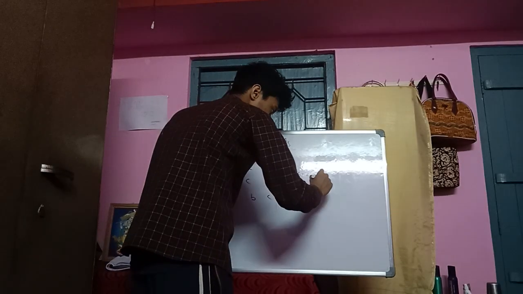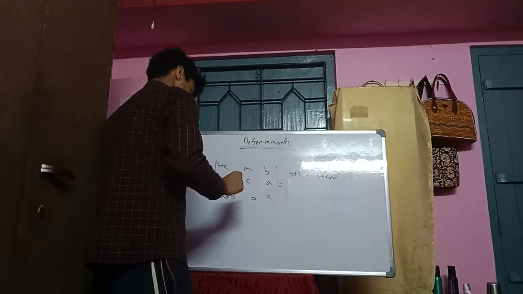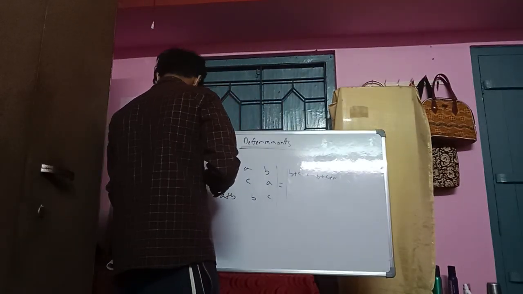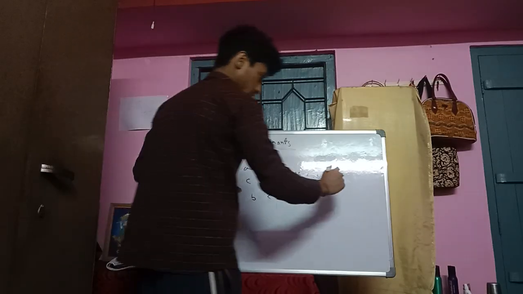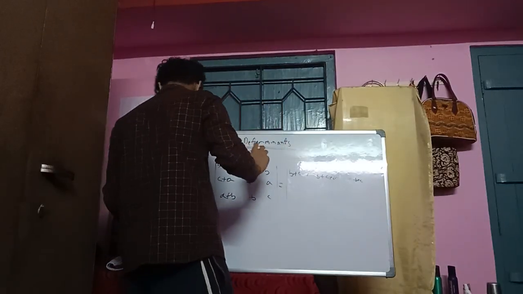So this would become plus C plus A, and I have to do it for the elements of all the rows. So the second one would become A minus B plus C. The third one would become B minus C plus A.